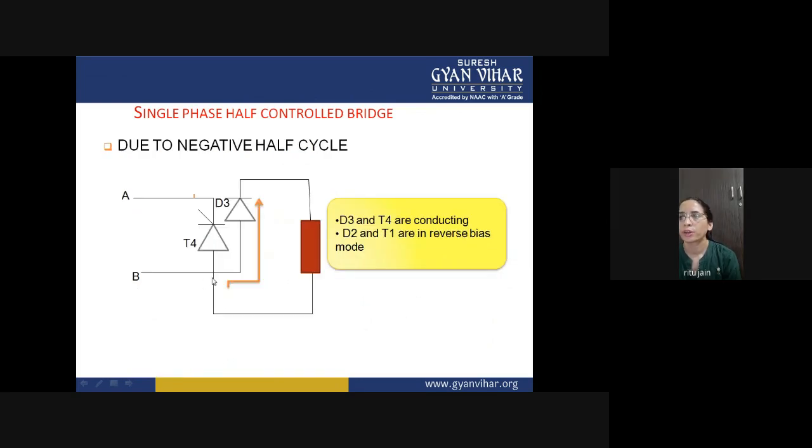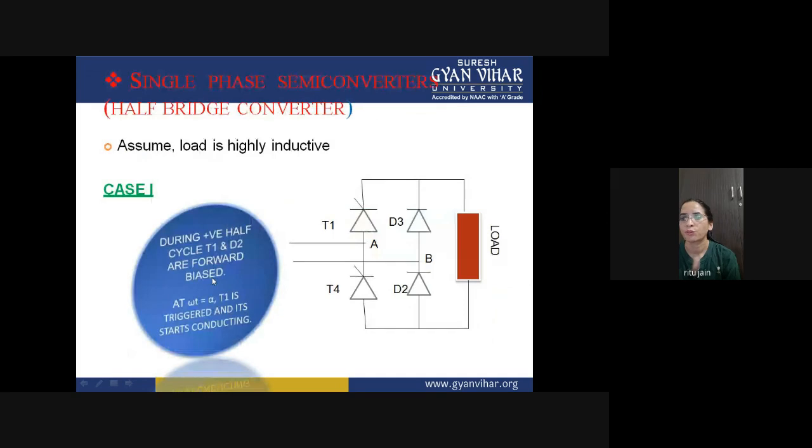Let's talk about your negative half cycle. From this diagram, you can see when you apply the negative waveform over here, what is happening? This terminal will be negative and this terminal will be positive.